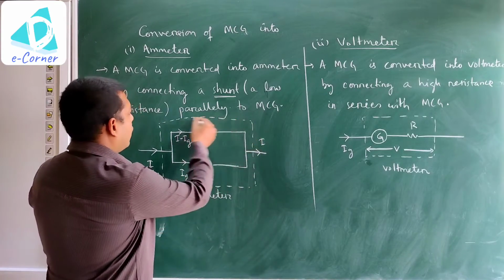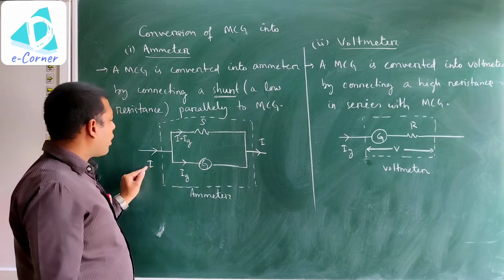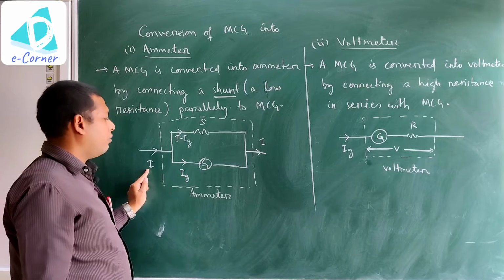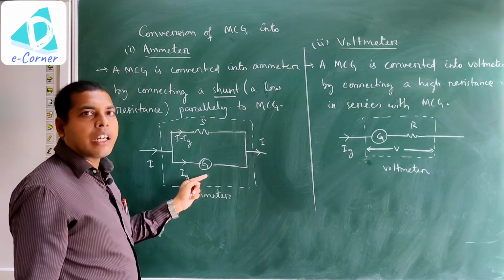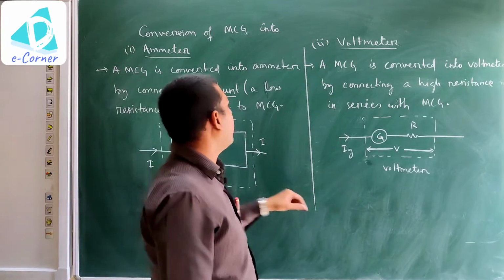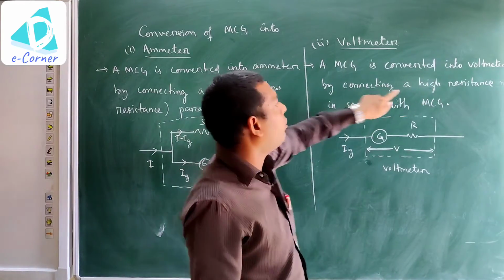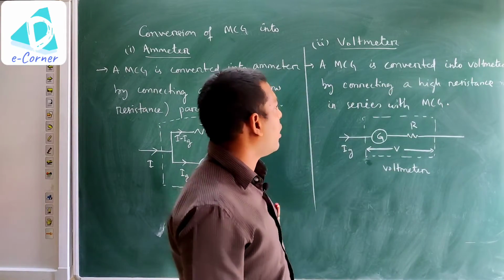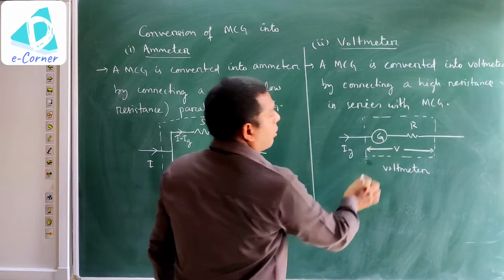this dotted line will act as the ammeter, and the current flowing through the ammeter is I, where Ig is the current flowing through the galvanometer only. Whereas in the case of a voltmeter we will use a high resistance in series with the galvanometer.